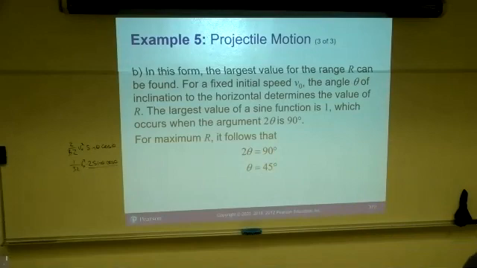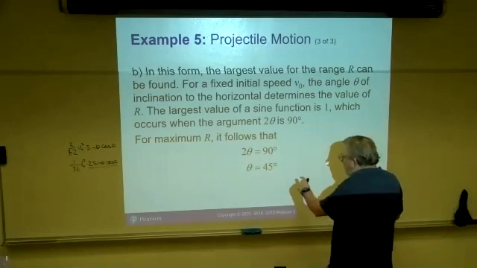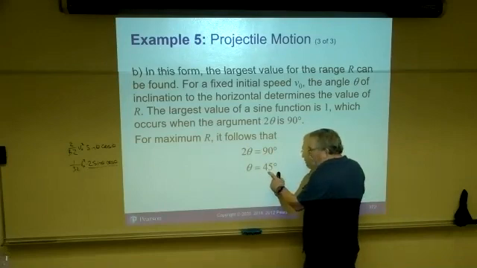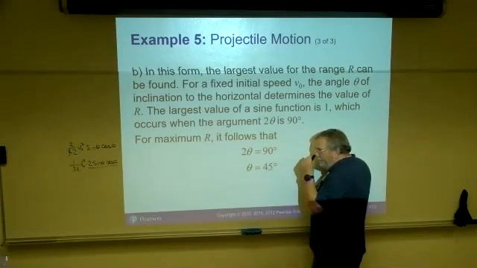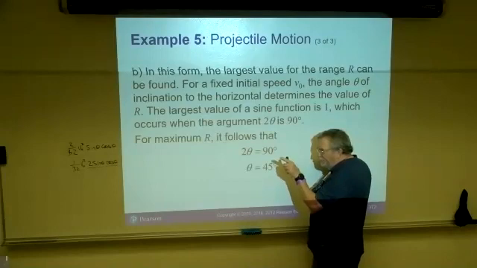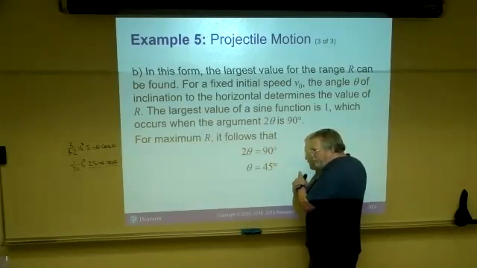Now, if you have wind, well, even if you don't have any wind, your furthest distance will be obtained at a 45-degree angle. But if you have wind, then that affects how far it goes. If it's going against the wind in any shape or form, then that distance is shortened.